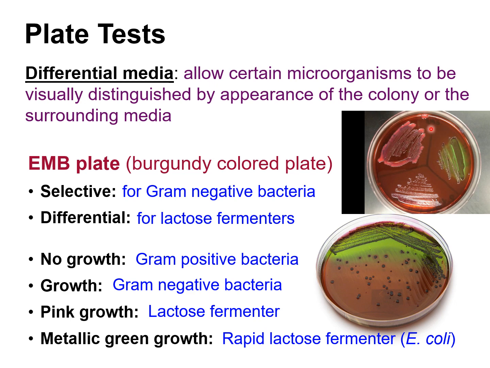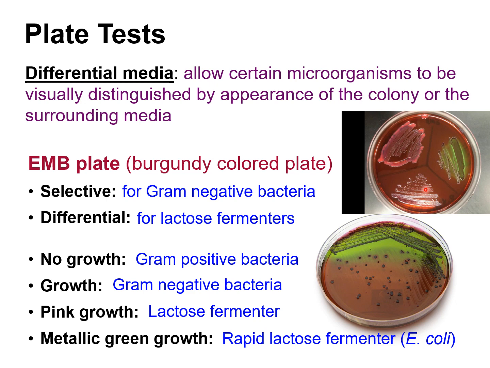I look at this plate and I know any growth on an EMB plate must be gram negative. But how can I differentiate between them? Based on the color. So this is going to be a lactose fermenter bacteria. This one is a rapid lactose fermenter bacteria. Well, what about this one? It's not pink, it's not green, but there is growth. So it is a gram negative bacteria, but it's not capable of fermenting lactose.